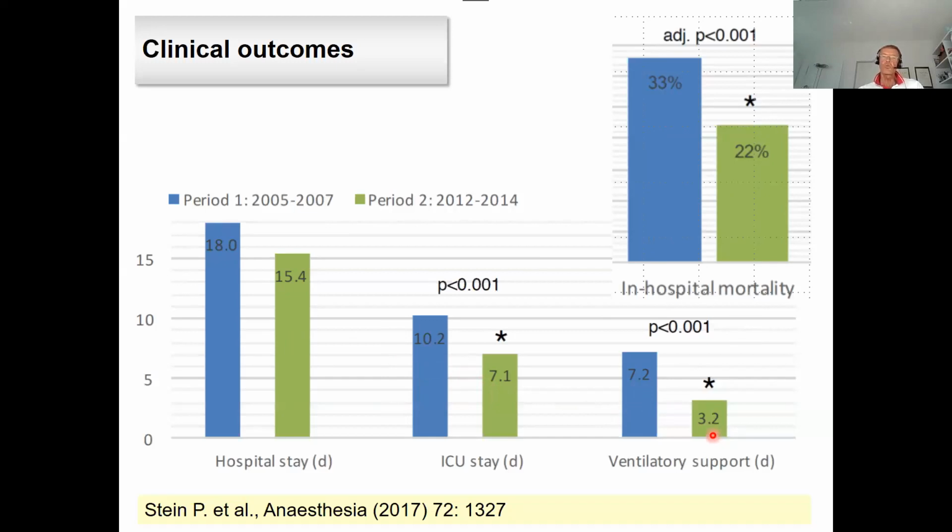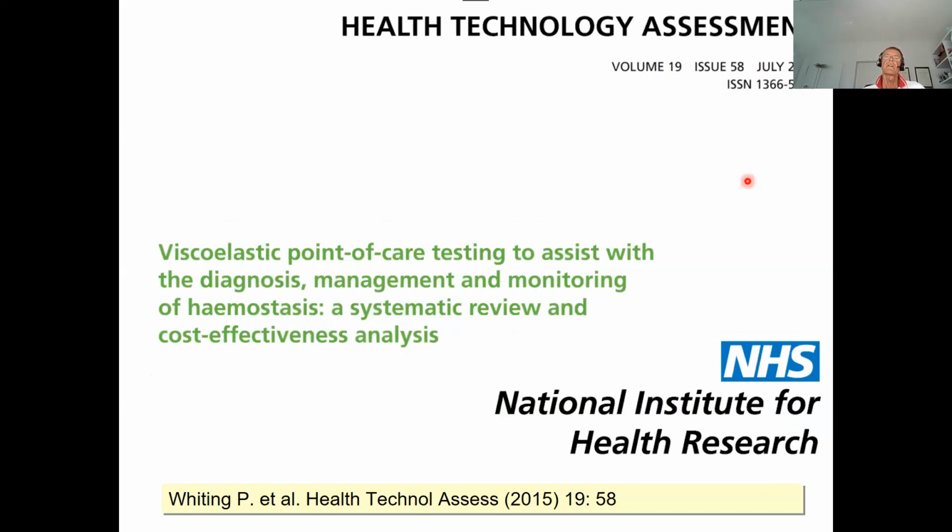I cannot prove it, but I'm sure this is due to the fact that we gave hardly any FFP anymore. And see here, in-hospital mortality was down from 33% to 22%. So following such guidelines reduces important clinical outcomes, including in-hospital mortality.